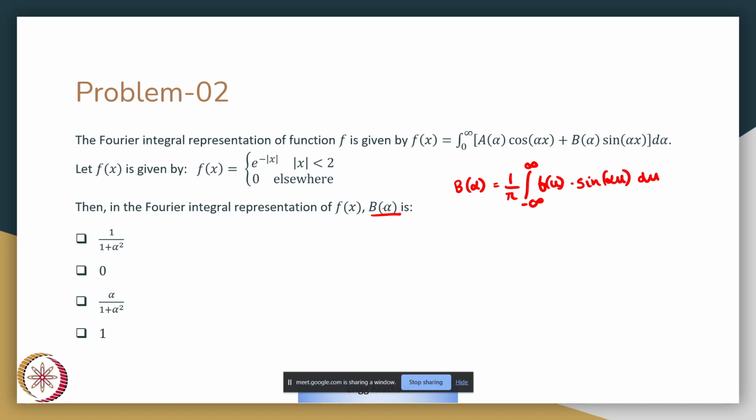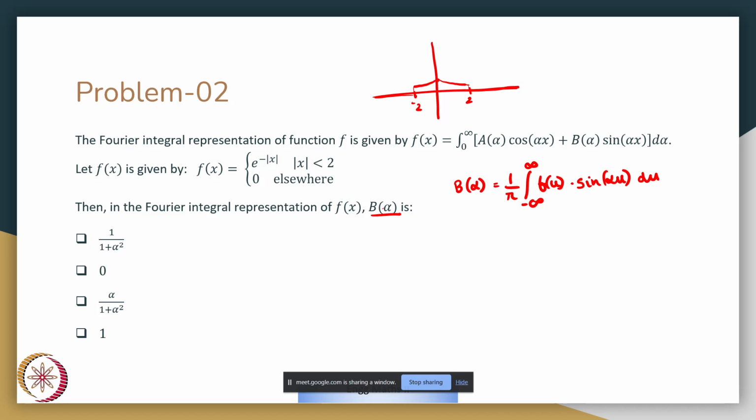We are given that f of x is 0 when mod x becomes greater than 2. So if I look at this function, it would look something like this. Say x equal to 2, and the same thing the other way, x equals minus 2, and then it suddenly jumps and goes to 0.